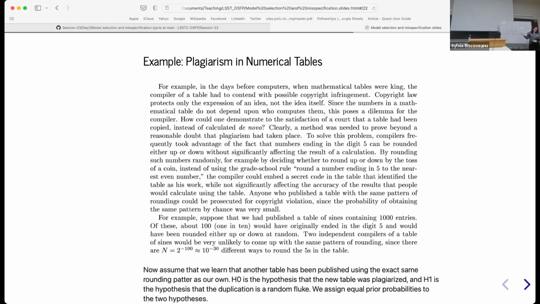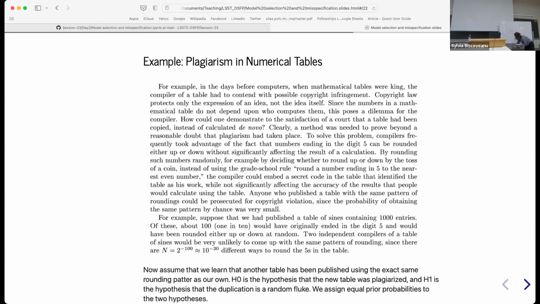So for now, we can assume that maybe the 2 hypotheses are equally likely because we want to give the other publisher the benefit of the doubt. If we calculate this, we can factor out our priors and we get 1 plus 10 to the minus 30, which is basically equal to 0.5.